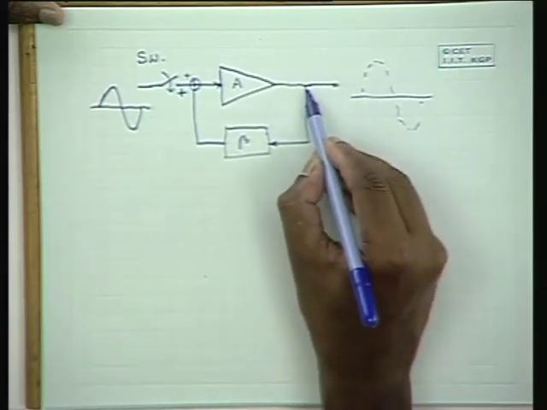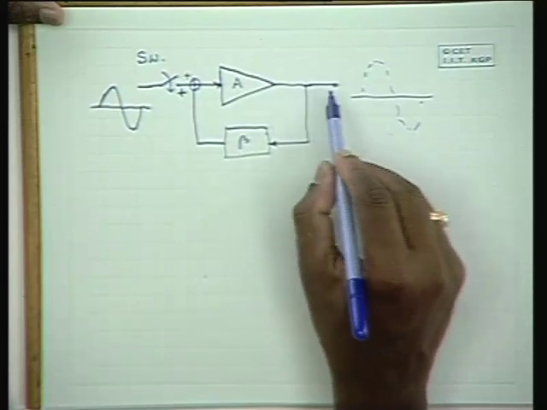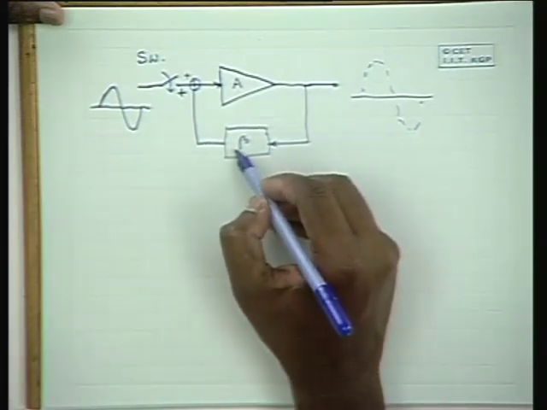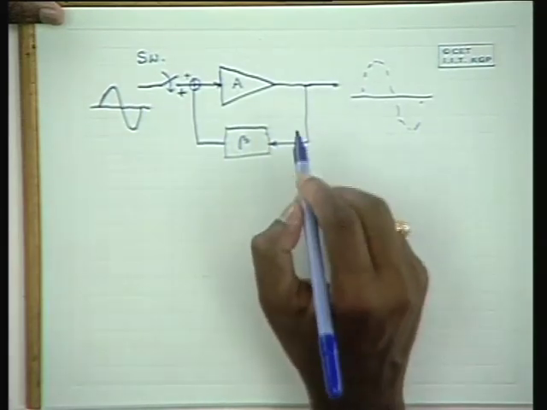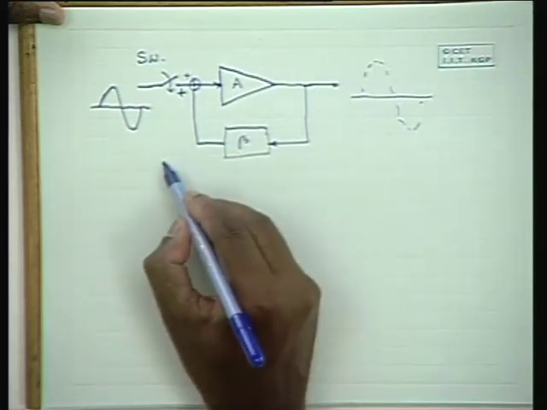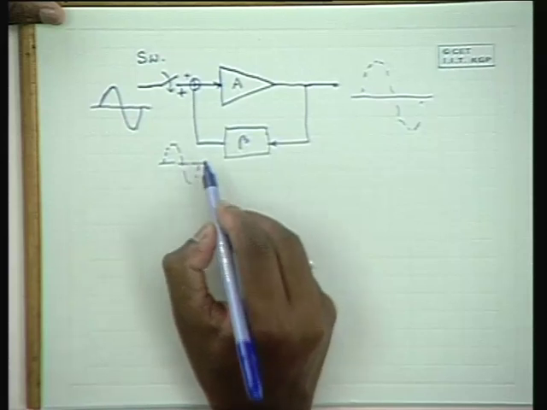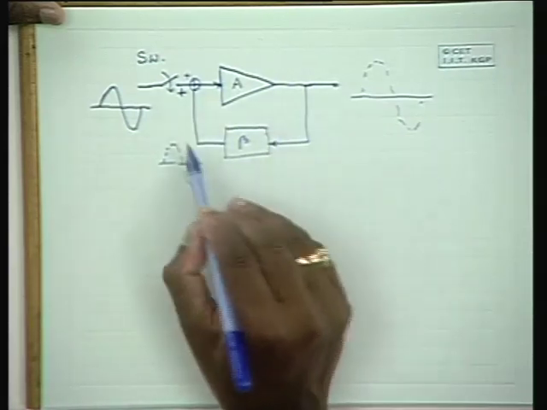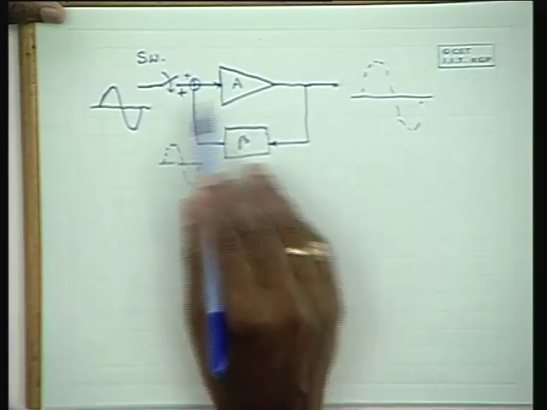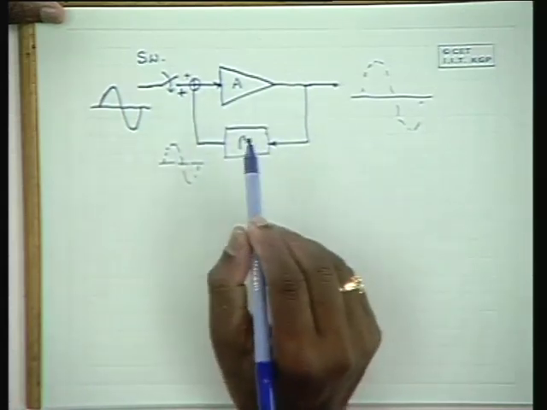and this voltage is now multiplied by beta, and what you get here is again a similar voltage cycle. Let us assume that there is some one cycle delay between the input and output.